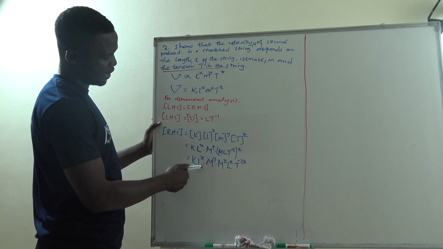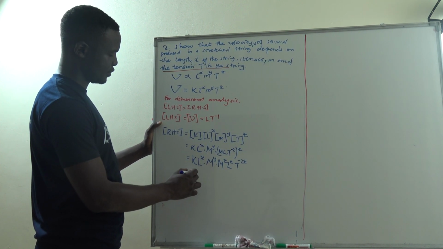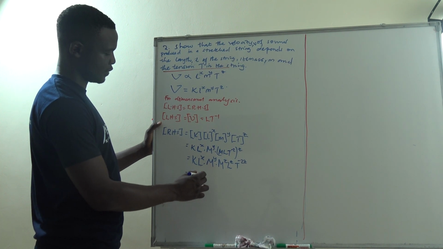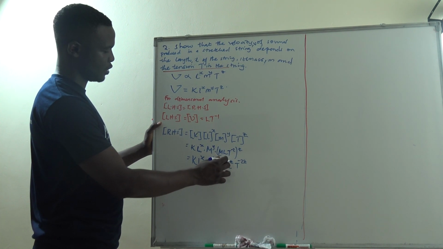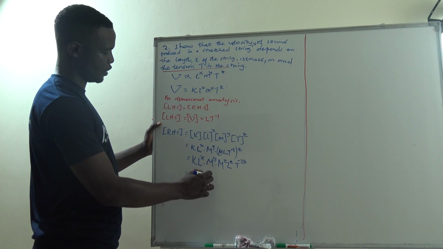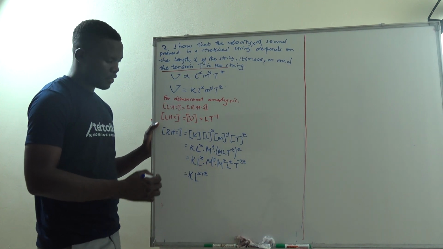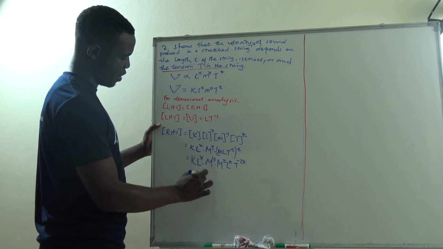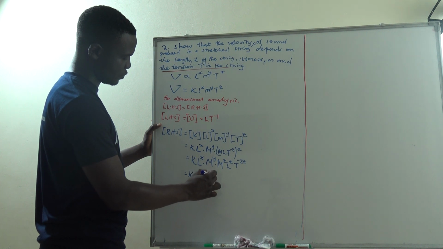Now let's collect like terms. I can see L here, I can see L here. So this will be K L power x times that one. When the bases are the same, we definitely add the powers. Then next is M. We realize that M is common.